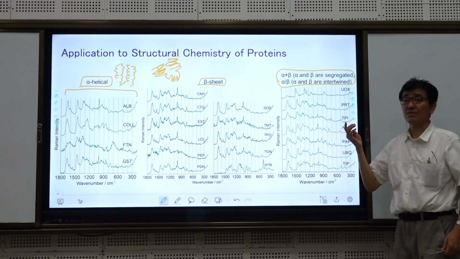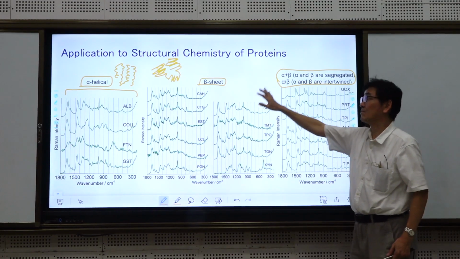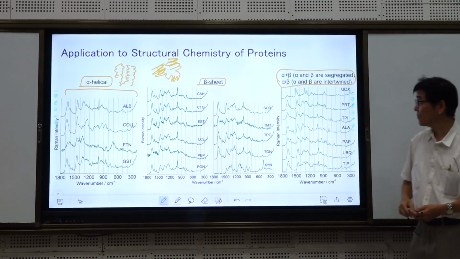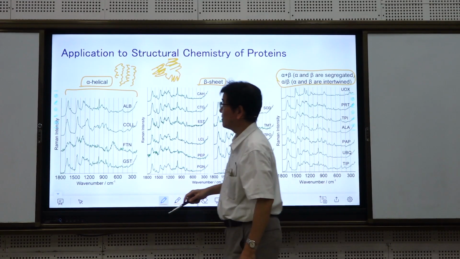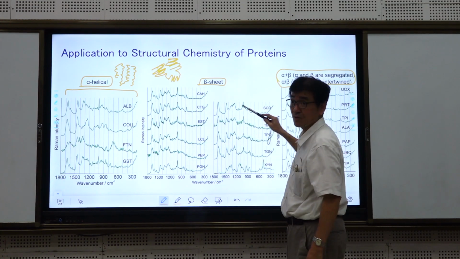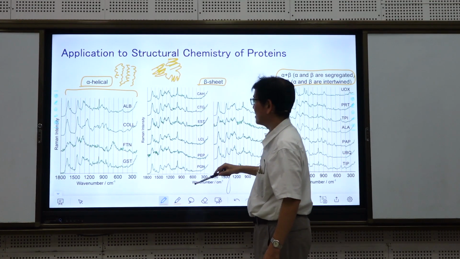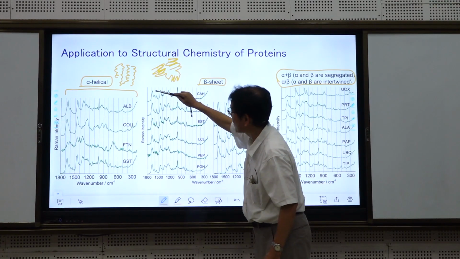Typically alpha helix and beta sheet are stable structures, so they prefer alpha or beta structures. And you see, regardless of the name of the protein, the appearance is surprisingly similar to each other.